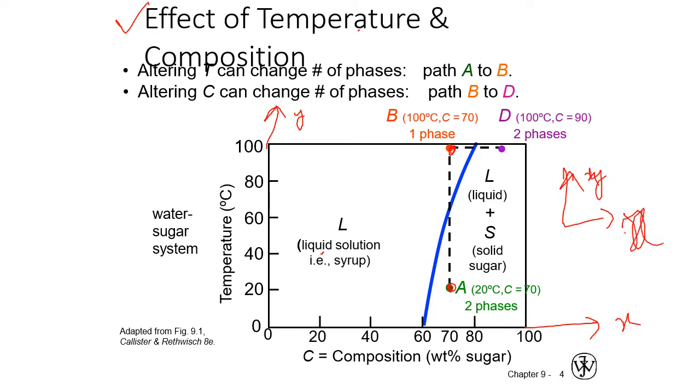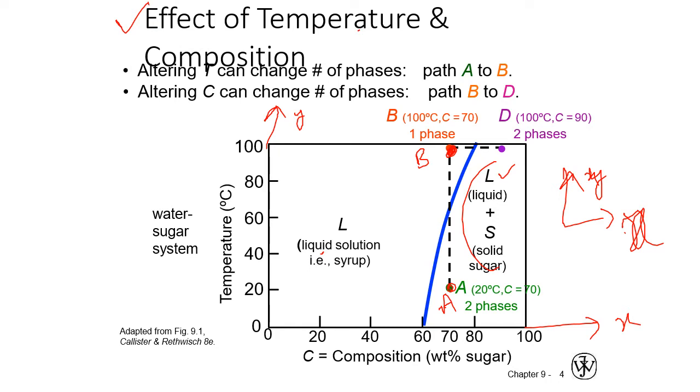Here is the liquid plus sugar region, and this is the solubility line. If we move from point B to point A, basically we are decreasing the temperature, and we are moving from a liquid solution to a different phase. We are entering from syrup to a two-phase liquid plus solid sugar region.